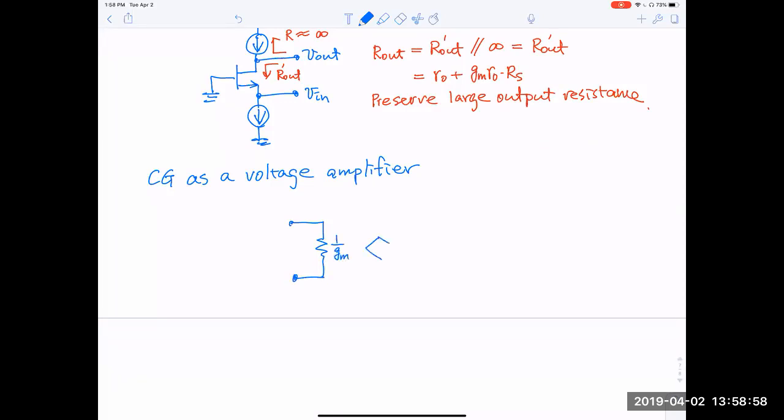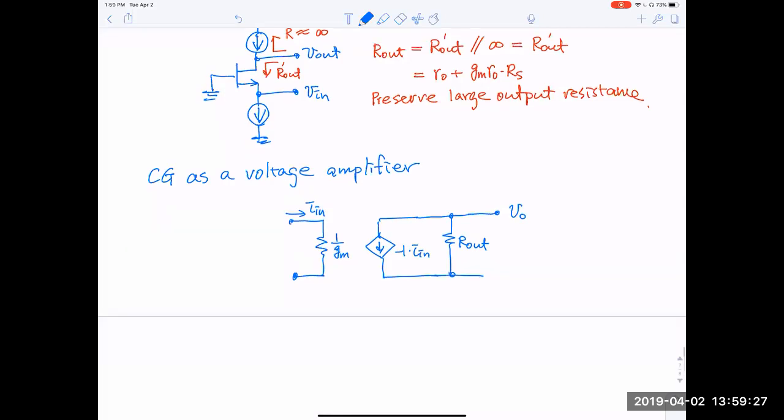And we have current gain -1 of I in, and I in is the current coming into the input terminal, okay? And we have R out here, right? And if we are using this as a voltage amplifier, we'll be measuring V out here.